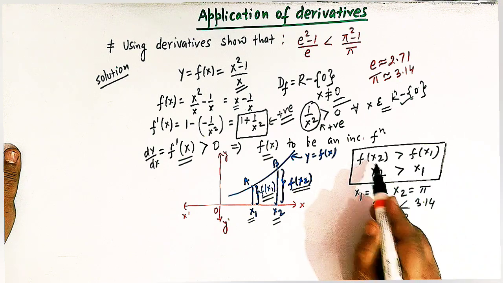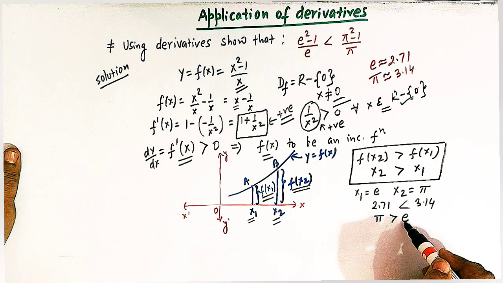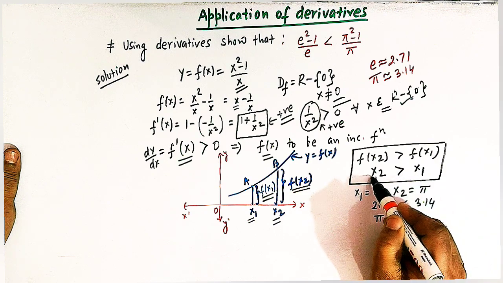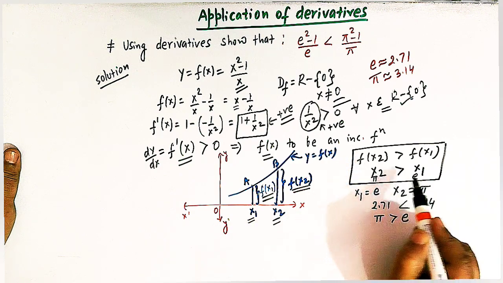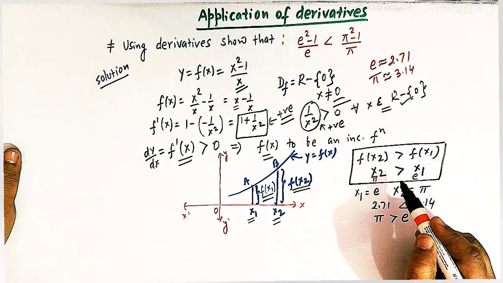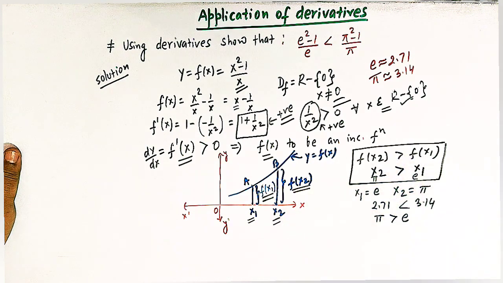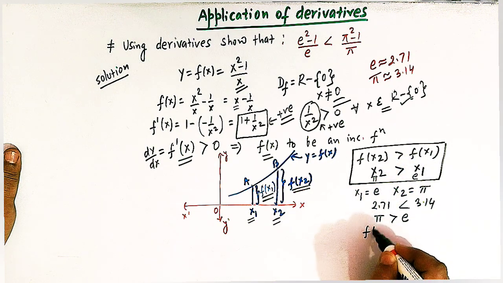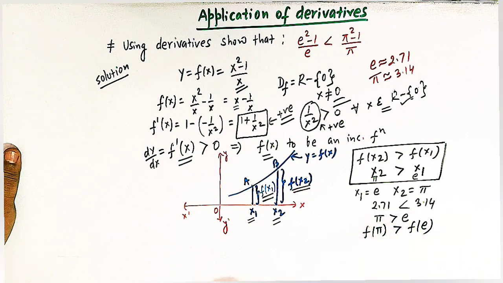By this definition, because we are taking pi as x2 and e as x1, when x2 is greater than x1, for the strictly increasing function f of x2 should also be greater than f of x1. So it implies that f of pi should be greater than f of e.